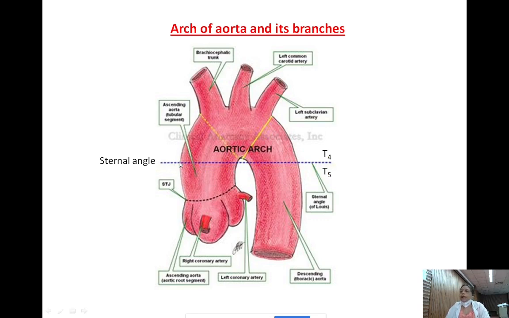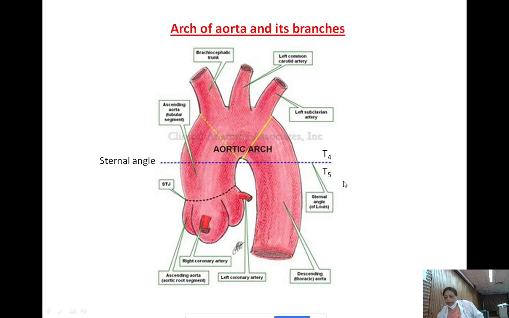Then the ascending aorta extends up to the sternal angle. Then it forms the arch of the aorta, which goes posteriorly and to the left and reaches the level of the intervertebral disc between the fourth thoracic vertebra and the fifth thoracic vertebra.